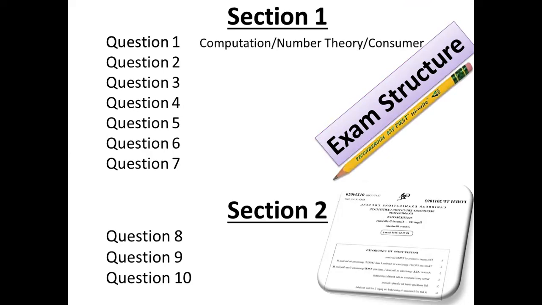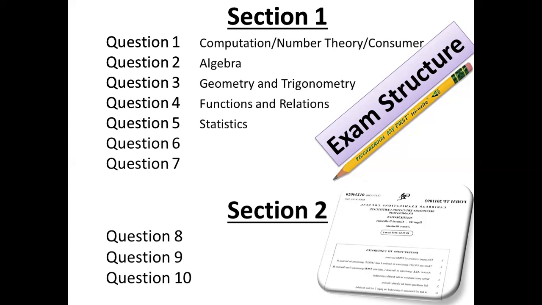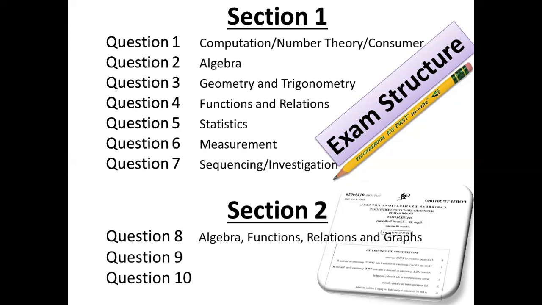Question 1 is always computation, number theory, and consumer arithmetic. Question 2 is always algebra, geometry and trigonometry, functions and relations, statistics, measurement, sequencing, and investigation. For section 2: algebra, functions, relations and graphs, geometry and trigonometry, vectors and matrices.